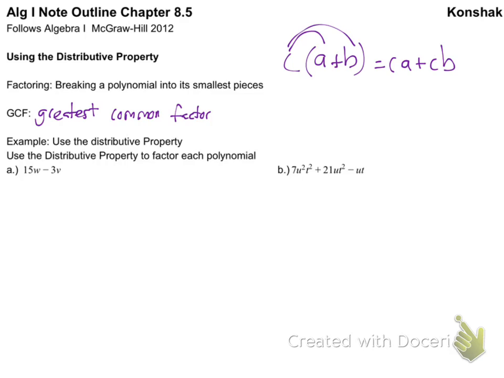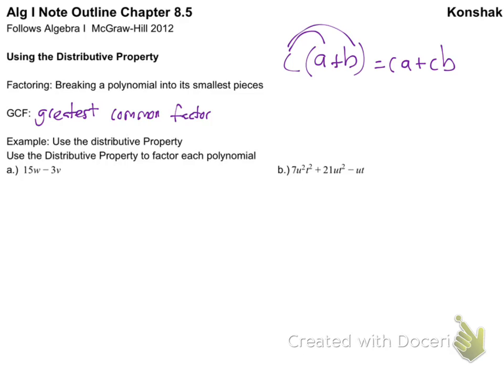But guess what? Both of these groups have a C. Couldn't I divide both of them by C? Which basically says I'm going to give up a C. Boom. Which would lead us with A plus B. They go back and forth. One's factored form, one's expanded form.